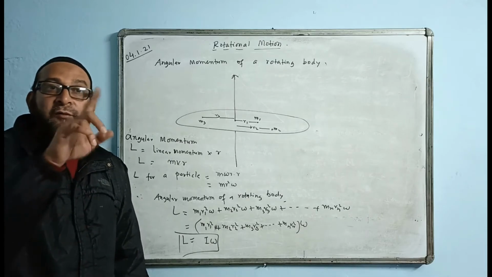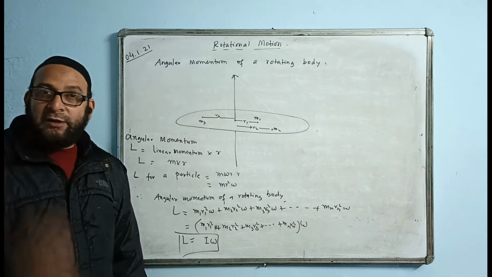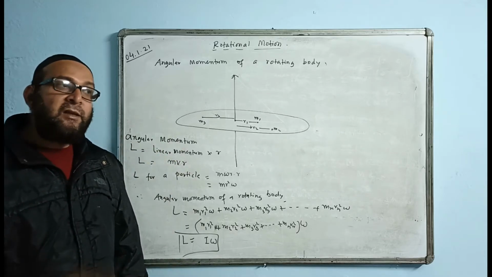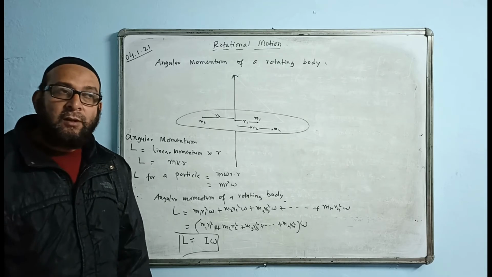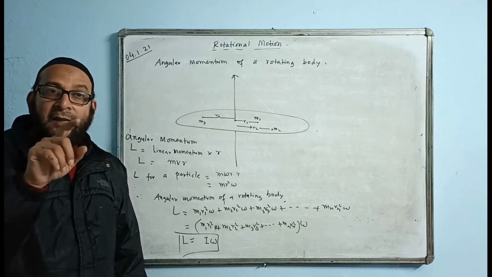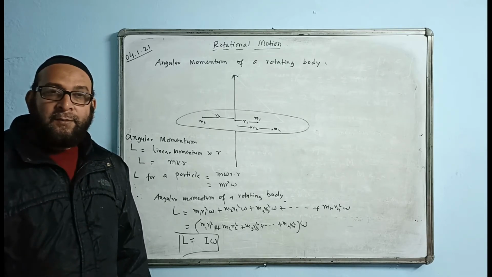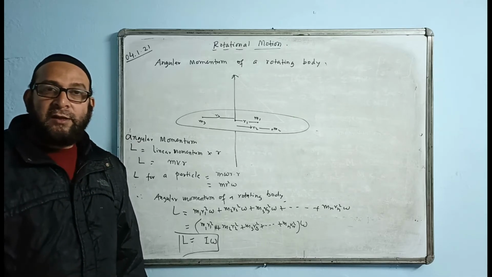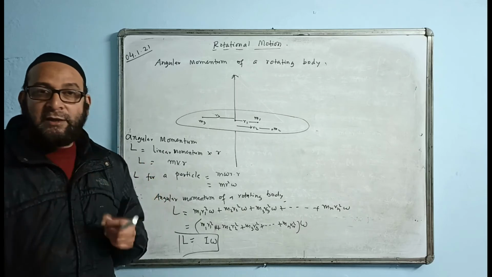Even you see the formula of force. Formula of force is mass into acceleration. But the rotational force is called torque. And check the formula of torque. What was the formula of torque? The formula of torque was I alpha. Normal force formula is m into a, mass into acceleration. Here we have I into angular acceleration.